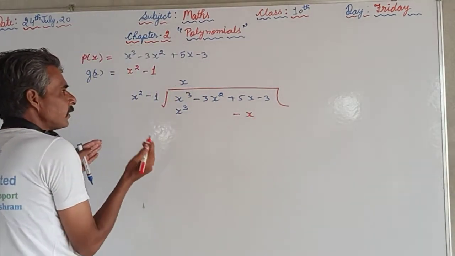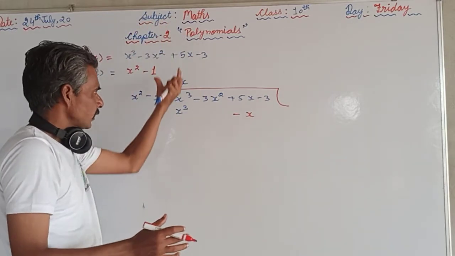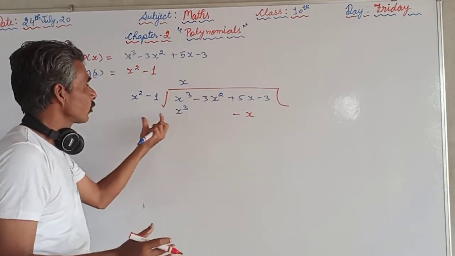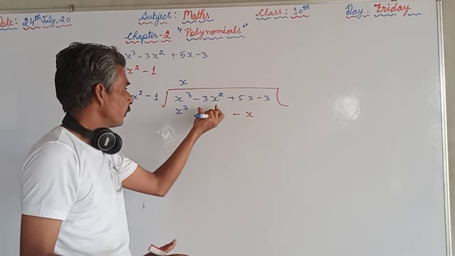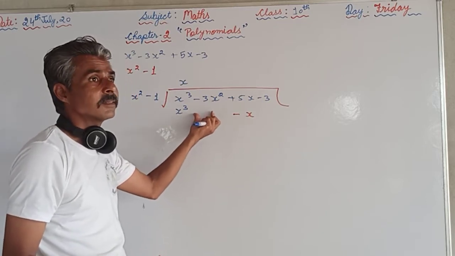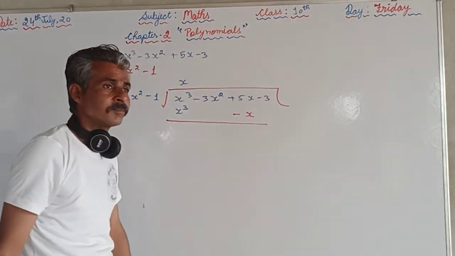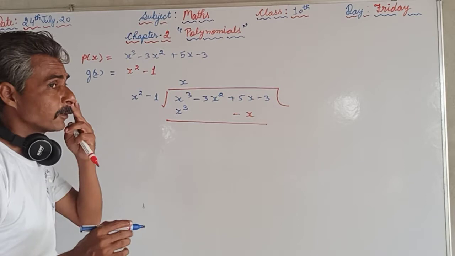So we will write the like terms in a column: x cube terms together, x terms together, x square terms together. Because we are not getting the x square term, we will leave a blank space below the x square. Afterwards, what we used to do in arithmetic, we are supposed to subtract, so we are supposed to change the sign.